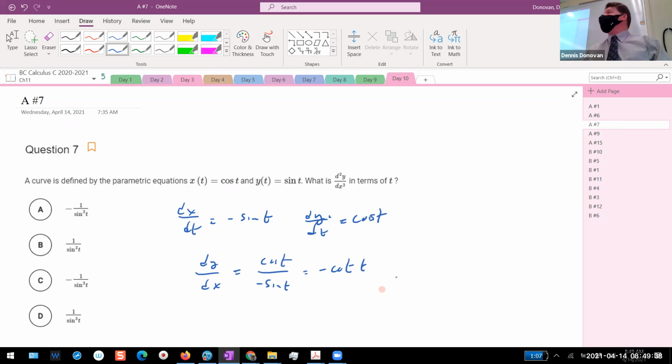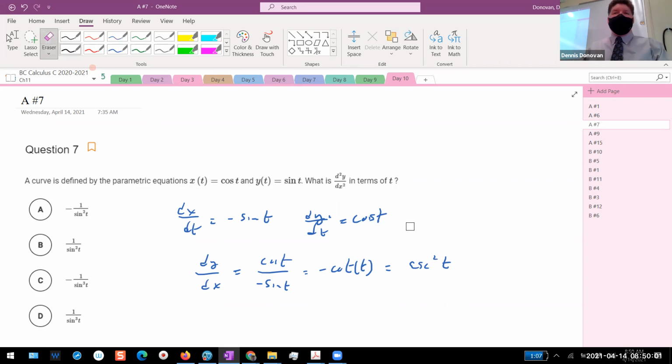It's easier to take the derivative of cotangent, isn't it? So the derivative of cotangent of t is negative cosecant squared, right? We already have a negative there, so we get positive cosecant squared of t.